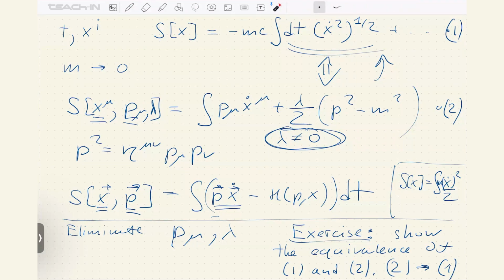And also the action has a different structure. So there is an extra term which is proportional to this lambda. So there is a term which has the structure Lagrange multiplier times something. This something is called constraint, and here the meaning is clear. It's just the mass shell condition, that the square of momenta equals the mass squared.